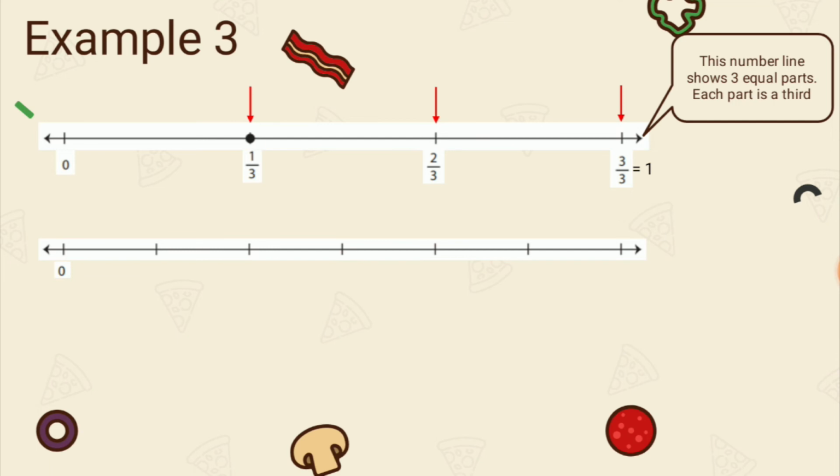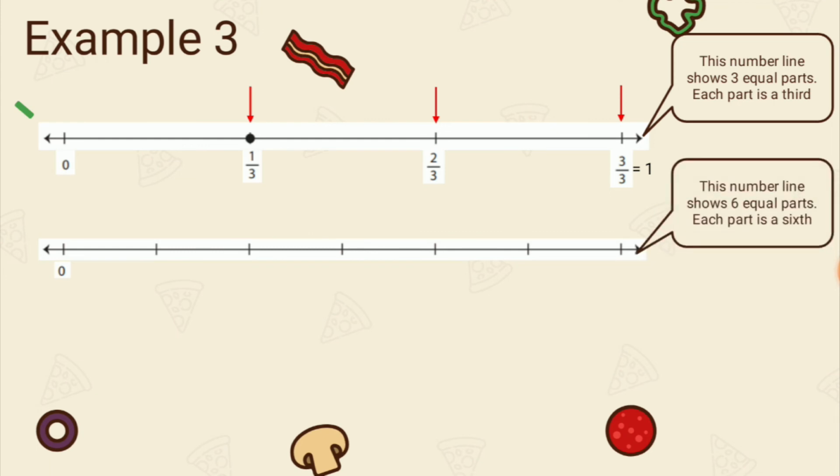The second number line. There are 6 dots. The number line shows 6 equal parts. Each part is a sixth.